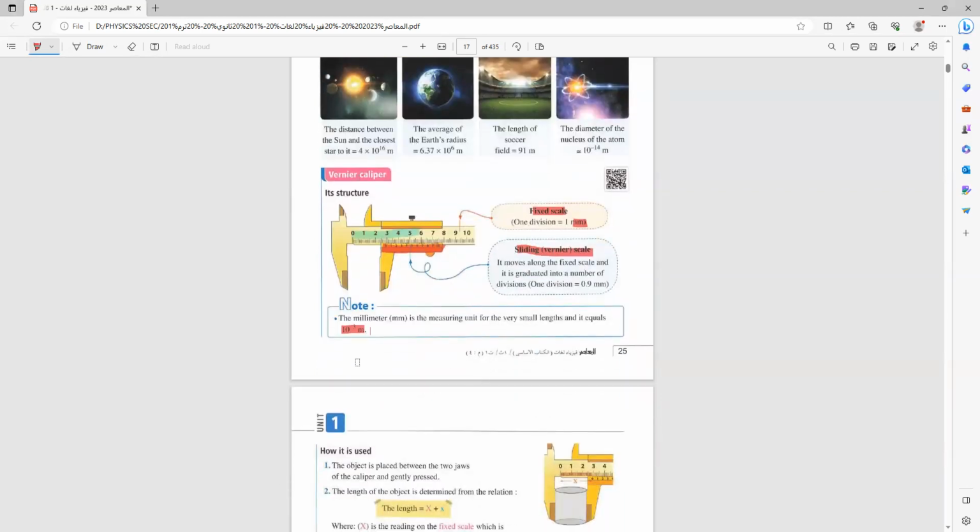At the end of this lesson, we will talk about the fractions: millimeter, micrometer, nanometer, and picometer, inshallah. Again, we use Vernier caliper to measure very small lengths with higher accuracy.